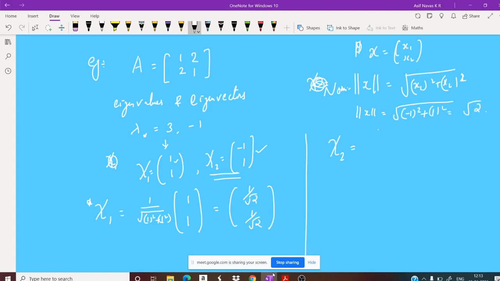Now we will multiply by 1 by root 2. So you will get -1 by root 2, 1 by root 2. So these two are also eigenvectors of A.